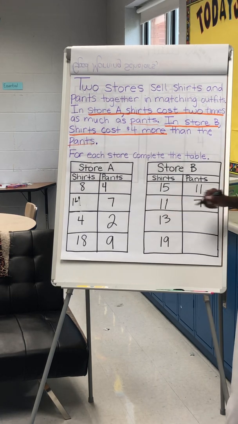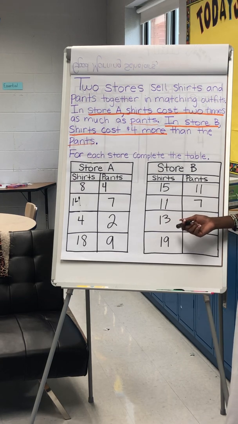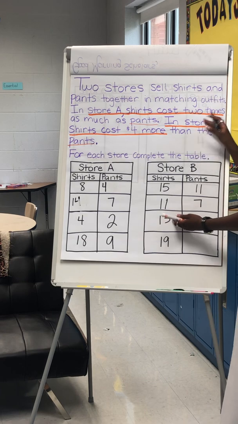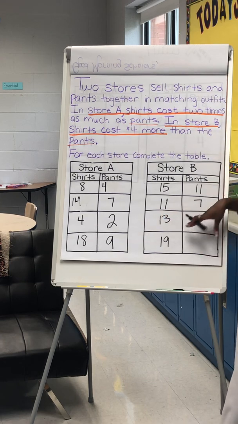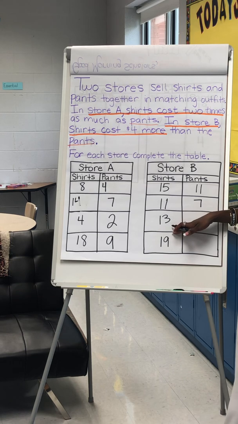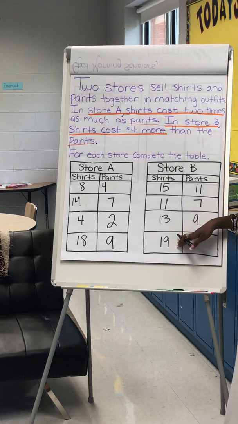Equals 11. Yes. Okay, well now I'm at 13. If 13 is 4 more than my pants, then that means that I'm going to use my subtraction skills now. 13 minus 4 equals what? I'm going to give you a little time to think. You should have gotten 9. And then our last one.